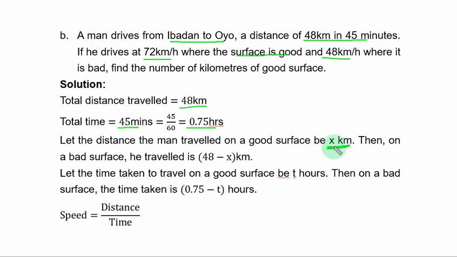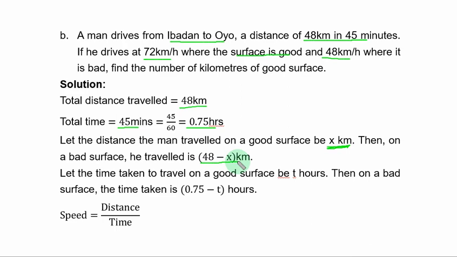Let the distance the man traveled on a good surface be S. If this distance is S and the total distance is 48, distance on bad surface becomes 48 minus S. For the two movements, good surface and bad surface, you don't have the respective times, but you have the total time.